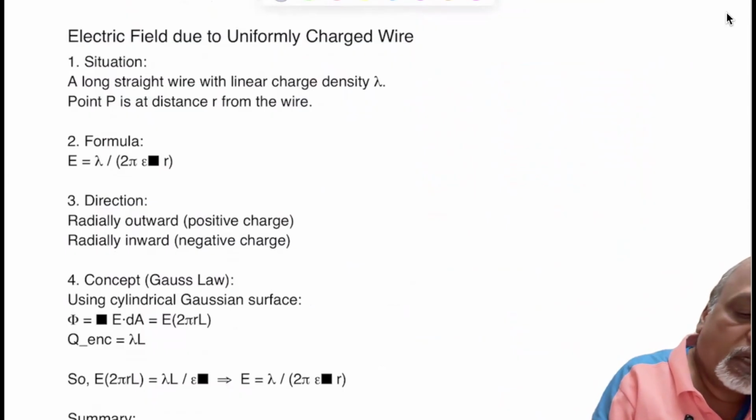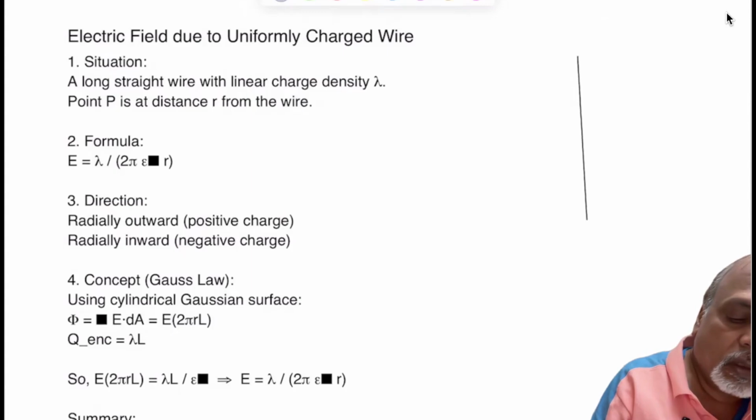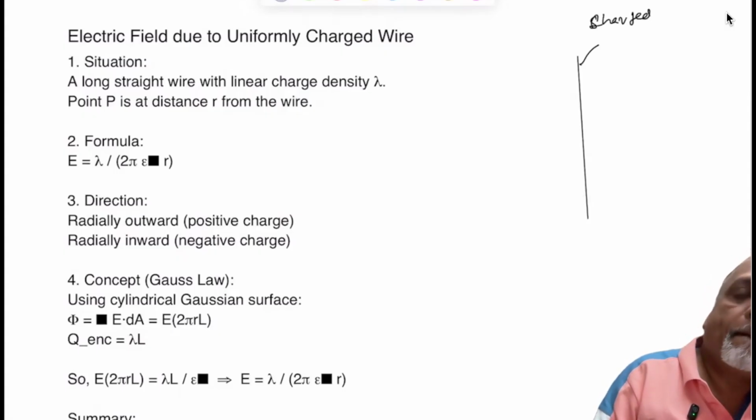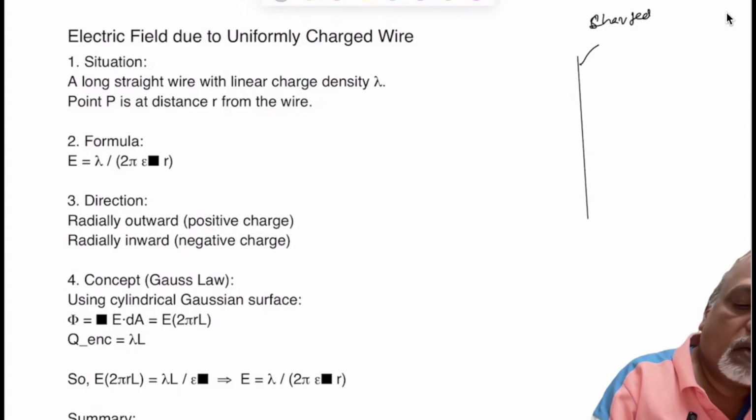One application is, suppose you have a charged wire, infinitely long.